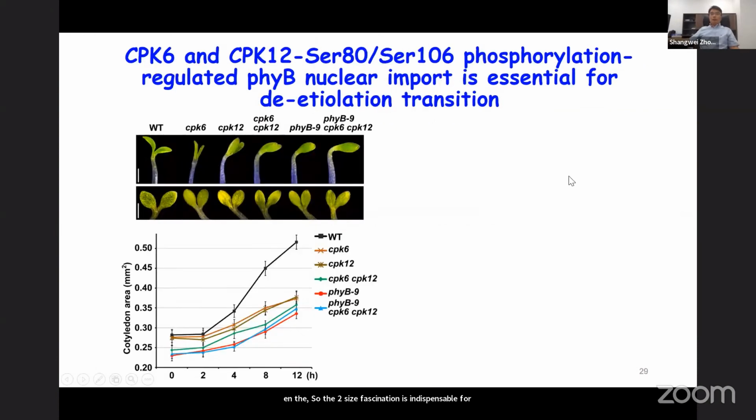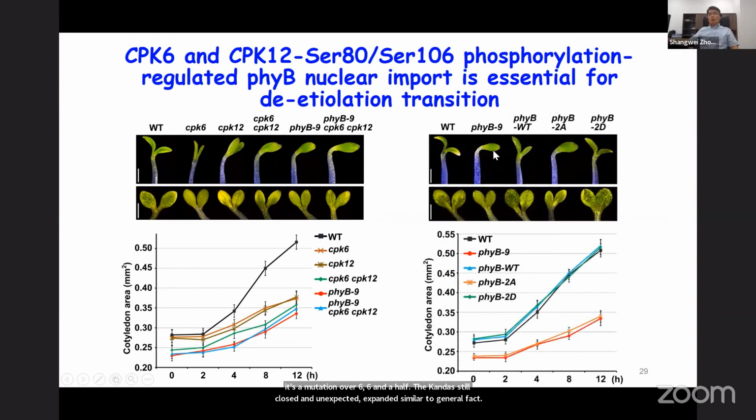We further investigate the physiological function of this regulation. When the seedling is exposed to light, the cotyledons of wild type will be rapidly opened and expanded. However, in the cpk6 and 12 mutant, the cotyledons are still closed and unexpanded, similar to the phyB mutant.